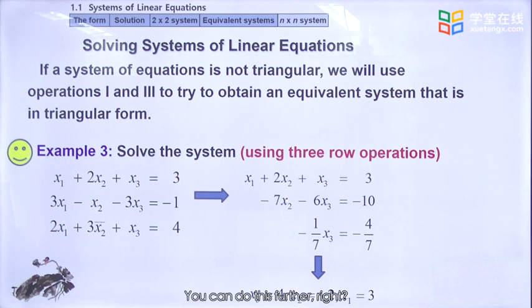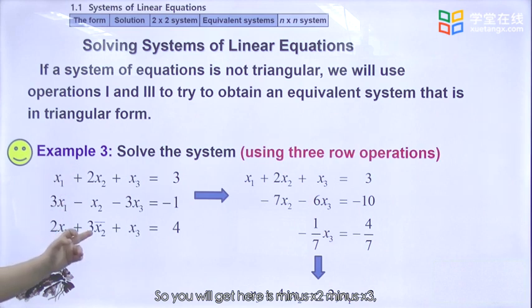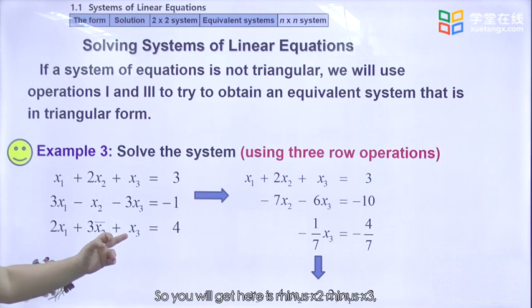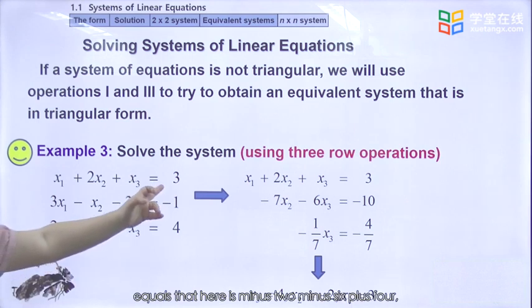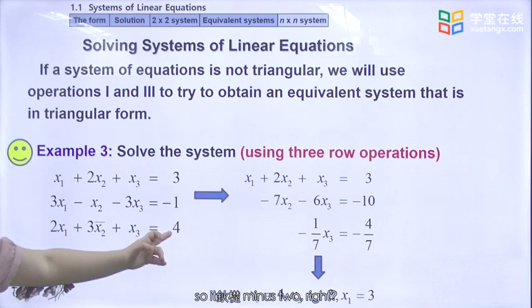And you can do this further, right? You use minus 2, this multiplier, times the first equation, you add to the third equation. So you will get minus x2 minus x3 equals, here is minus 2 minus 6 plus 4, so it's minus 2, right?